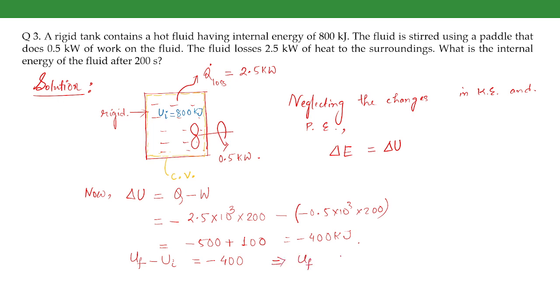This implies that the final internal energy is the initial internal energy plus this value. So it will be 800 minus 400, that is 400 kilojoule. Therefore the final internal energy after 200 seconds is 400 kilojoule.